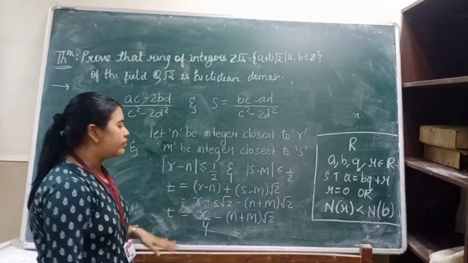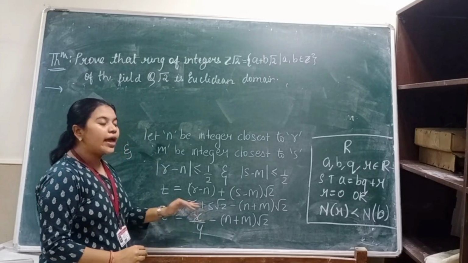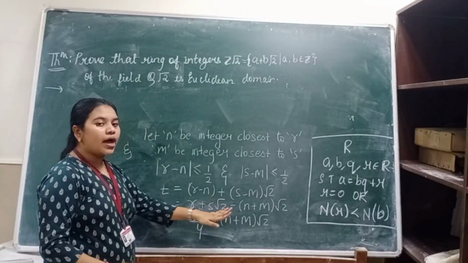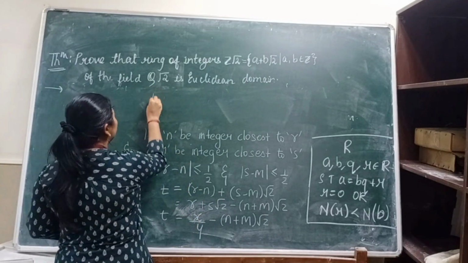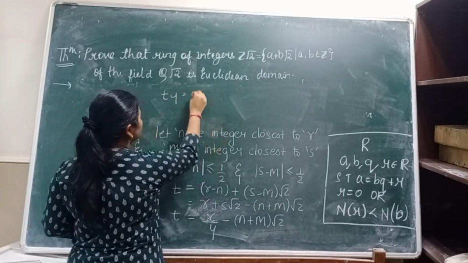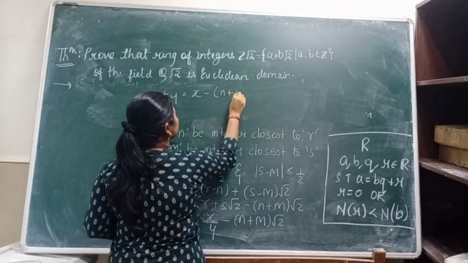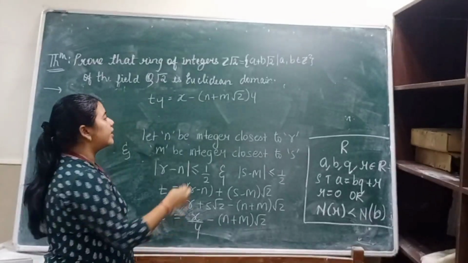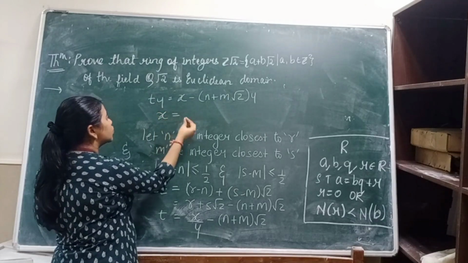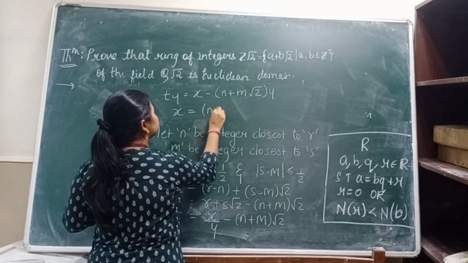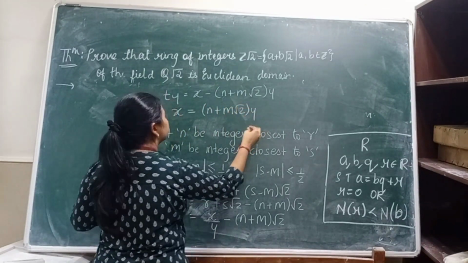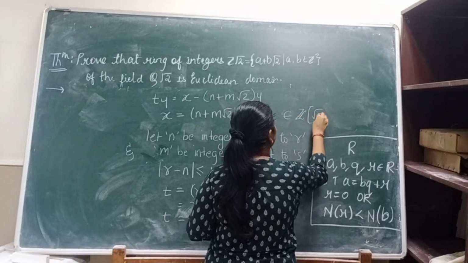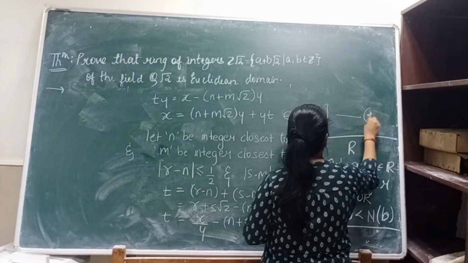Now solving this, we will get t equal to x by y minus (n + m√2). Now multiplying by y, and taking x on one side, we will get x equal to (n + m√2)y + yt. This will be our equation.